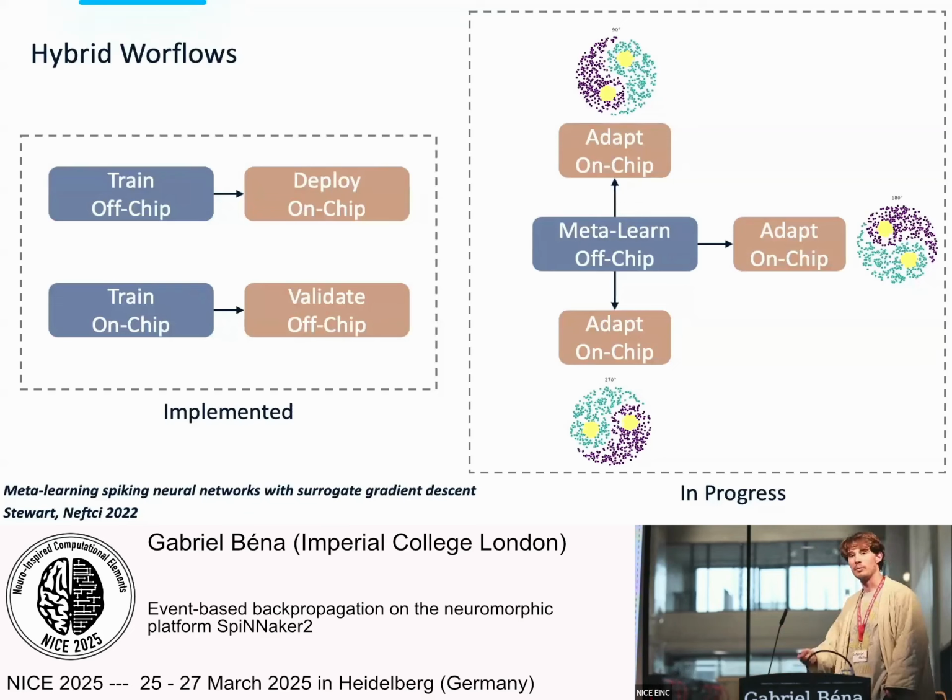There's been some nice work by Emre showing that you can easily do MAML and meta-learning overall in spiking neural networks. So this part could be done completely off chip, and then hopefully we can adapt effectively while deploying on chip. An idea that I've briefly experimented with was to have the same data set, but with some rotations added to it. You can imagine that maybe some rotations would be completely unseen, and we could see if this still works.